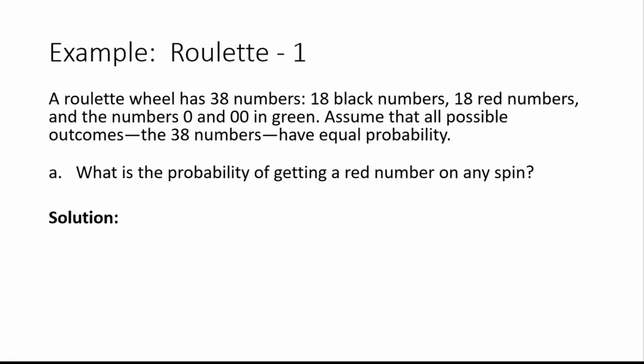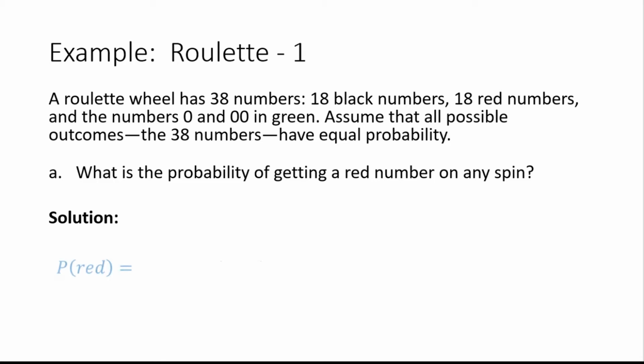Example, roulette. A roulette wheel has 38 numbers, 18 black numbers, 18 red numbers, and the numbers 0 and 00 in green. Assume that all possible outcomes, that is, the 38 numbers, have equal probability. A. What is the probability of getting a red number on any spin?